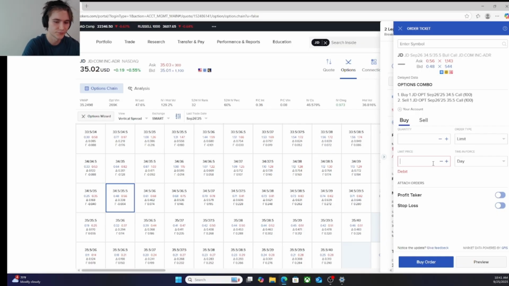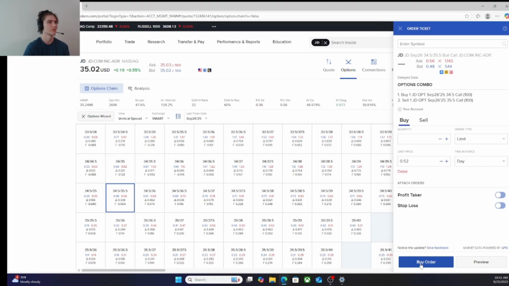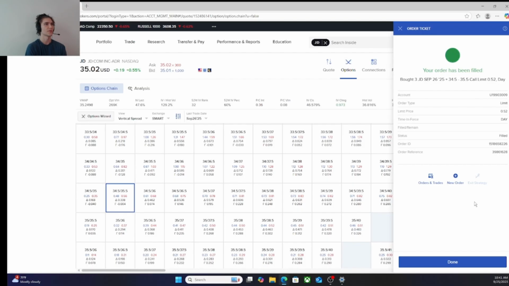0.52. See if we can get filled. Do not want to attach a stop loss or a profit taker. I'll just watch and see where we're headed. Okay, perfect.